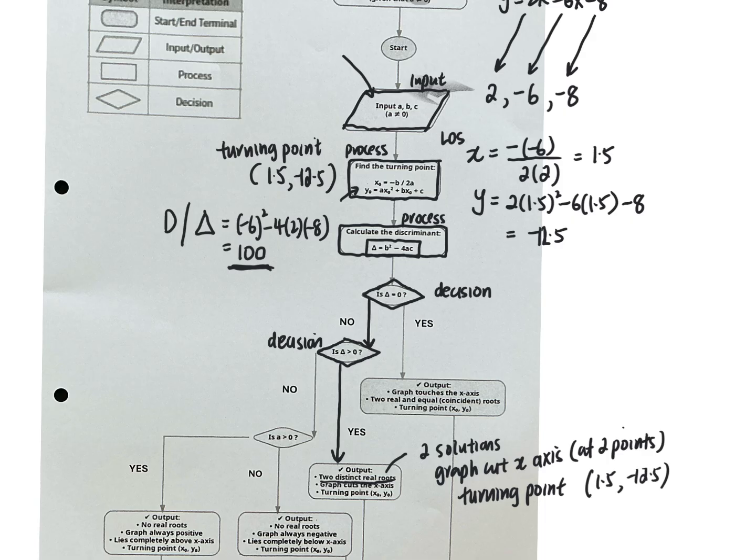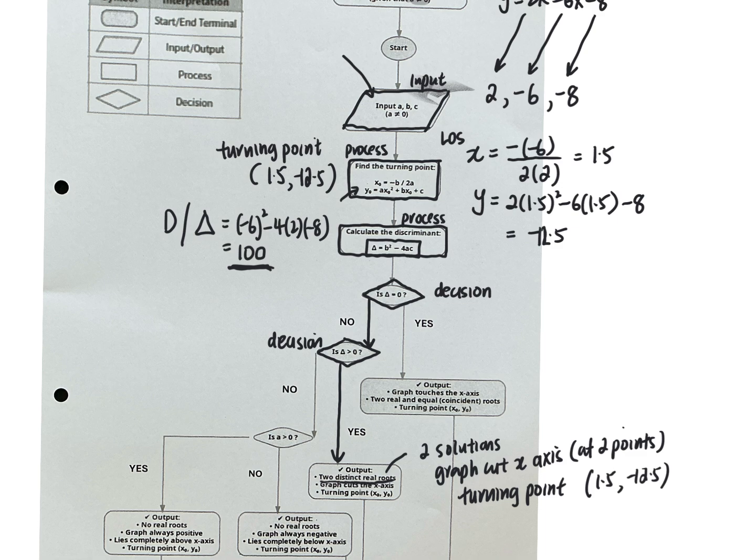So your computer will give you this output. Oh, you have 2 distinct real roots. Your graph will cut the x-axis at 2 points. And then your turning point is this. So this is the program that will return you with this outcome. But why I'm showing this is because there are 4 possible outcomes you can have.